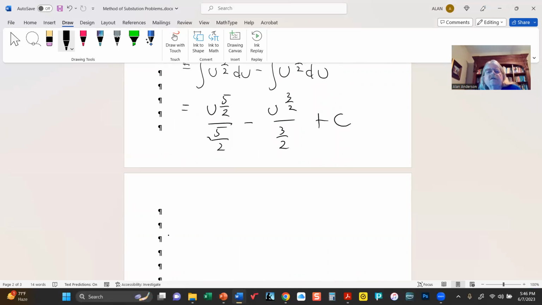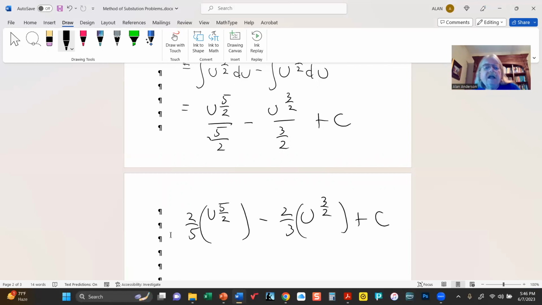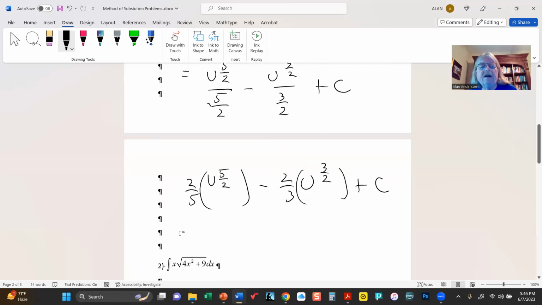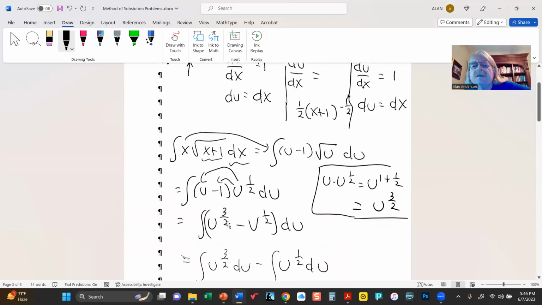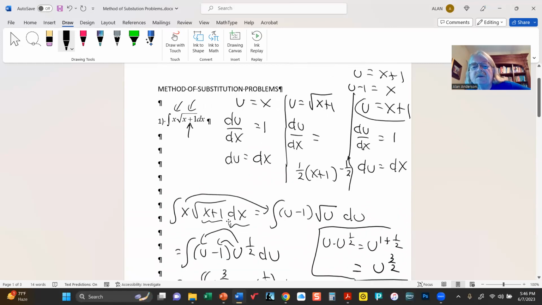This first one, for example, dividing by 5/2 is the same thing as multiplying by 2/5. And similarly here, we have 2/3 times u to the 3/2 plus c. And now we can go back and find how we defined u in the first place. We defined u to be x plus 1.